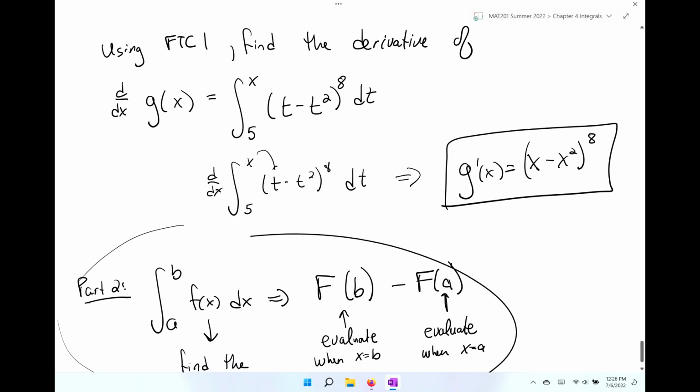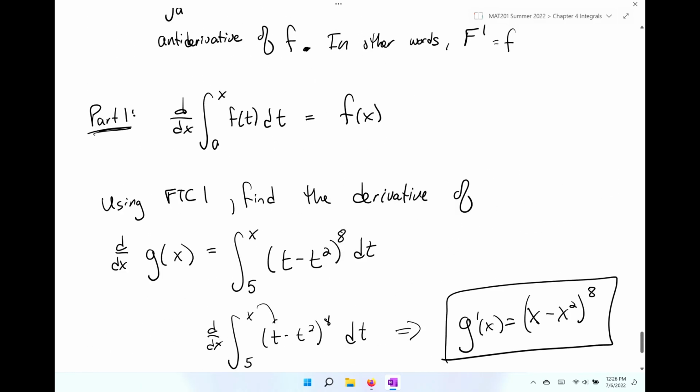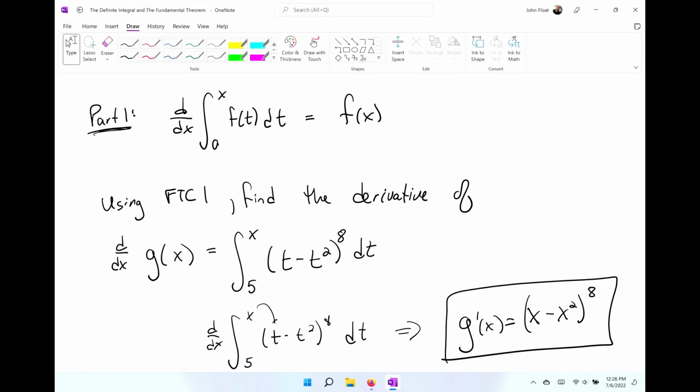Part 1 just says that if f is integrated and the result is differentiated, we arrive at the original function. That's all Part 1 is saying. Let me write that down. I think that's a really nice, concise way of saying it.